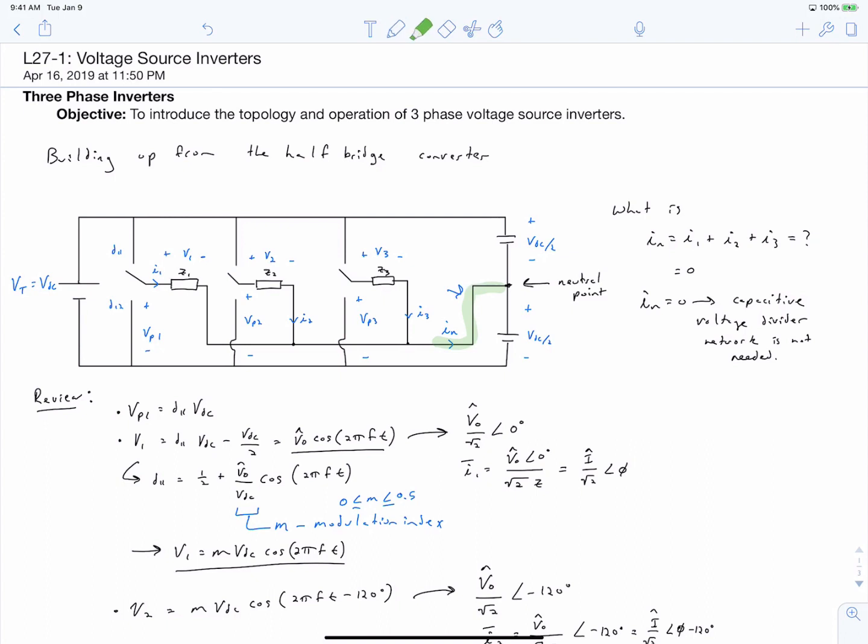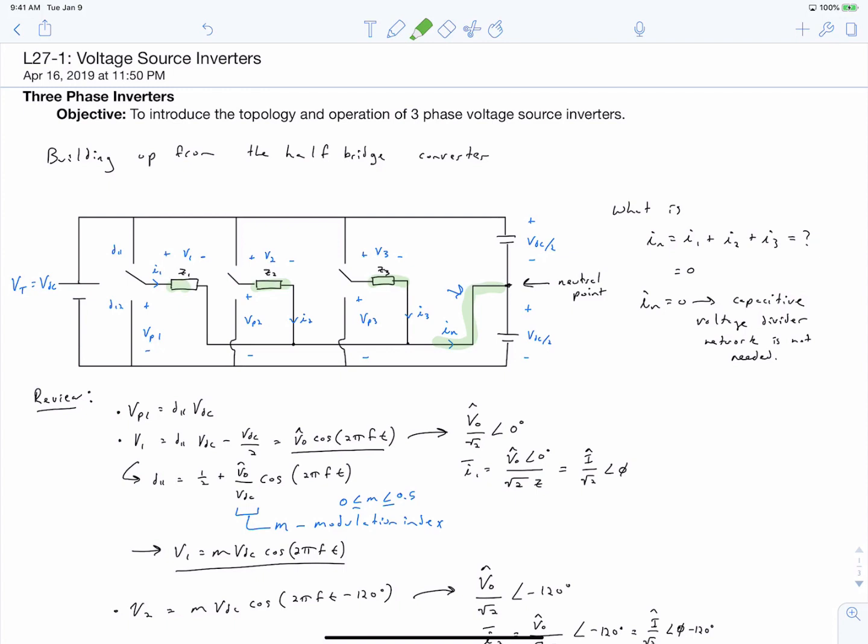And you end up needing the neutral wire when these impedances are not balanced. When they're balanced, that means that Z1 equals Z2 equals Z3. But if they're unbalanced and Z1 does not equal Z2 or Z2 does not equal Z3, then you need to carry a current. IN is no longer zero on that neutral point.